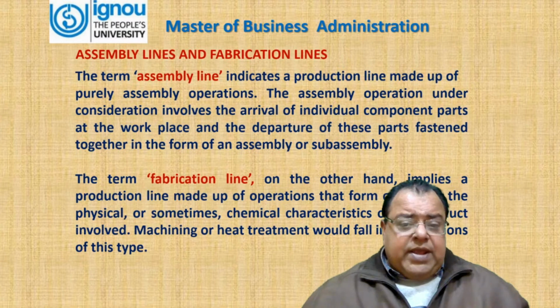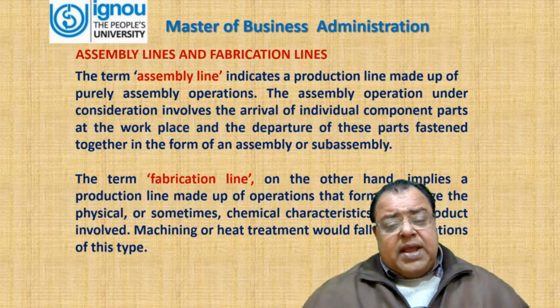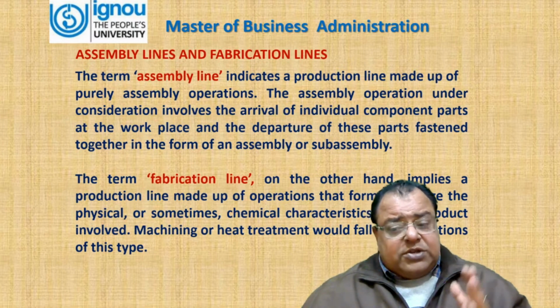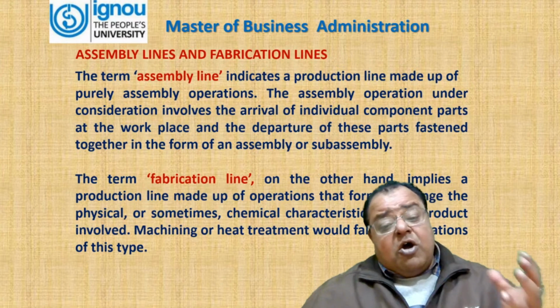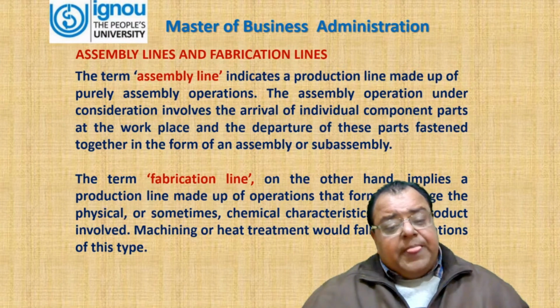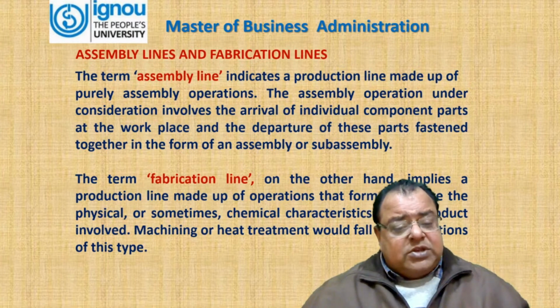The term fabrication line, on the other hand, implies a production line made up of operations that form or change the physical or sometimes chemical characteristics of the product involved. Machining or heat treatment would fall into these operations.